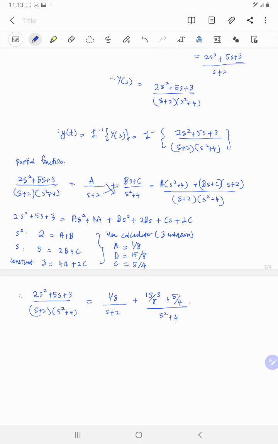So this can be separated between this. Since there is not enough space, let me do it here.